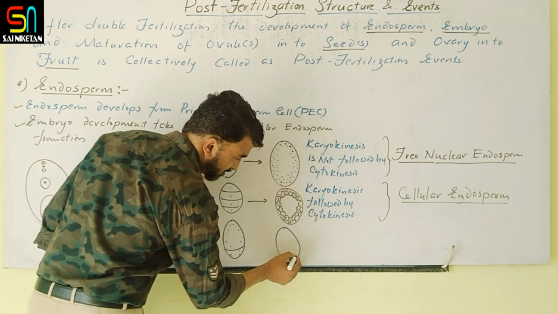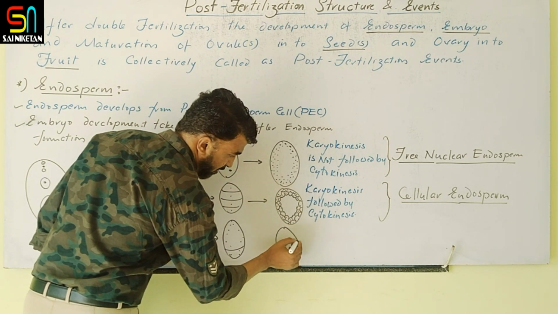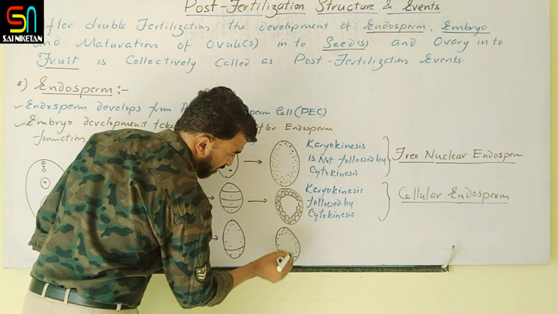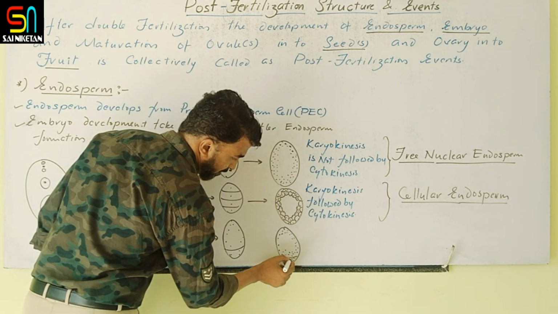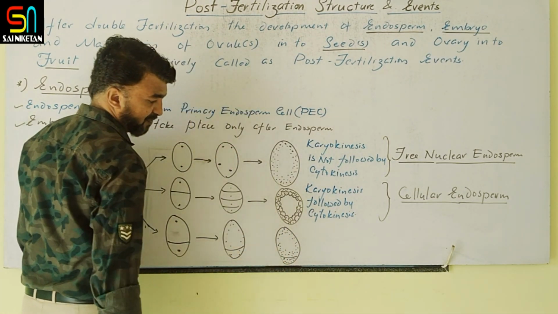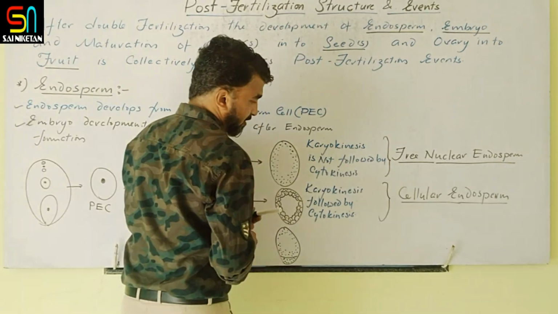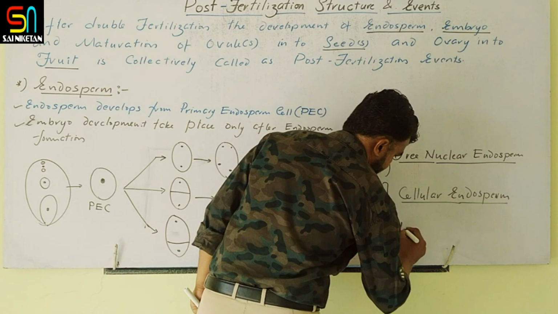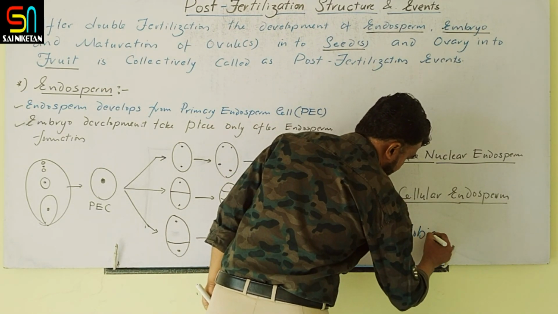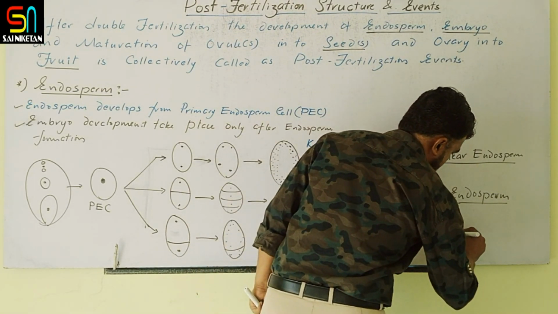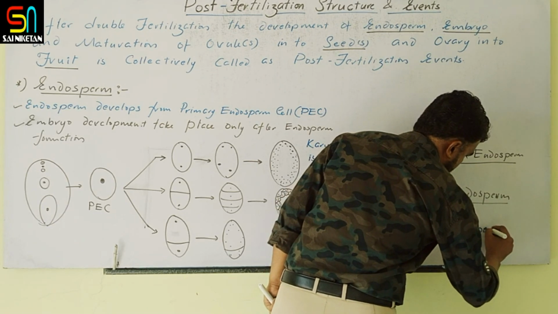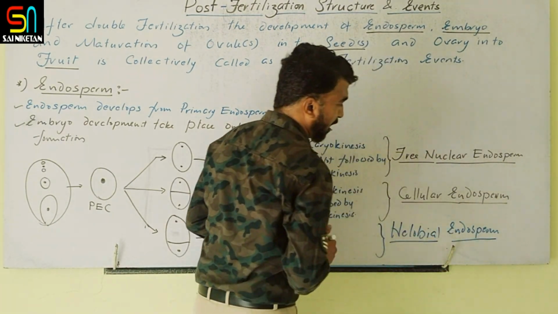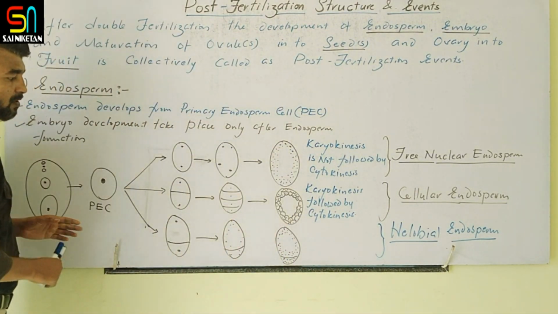So this is the micropylar end where many nuclei are present in the cytoplasm, and this is the chalazal end. This also contains free nuclei. So this type of endosperm is called a helobial endosperm. In the NCERT textbook, the type of endosperm is not mentioned.